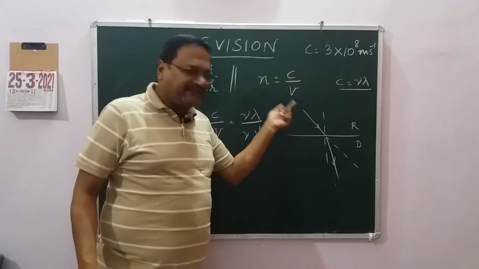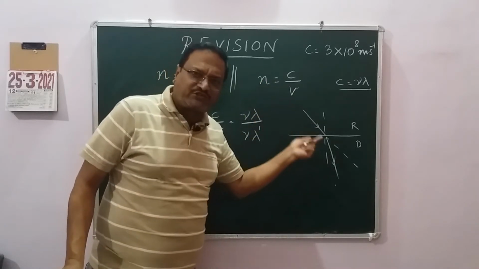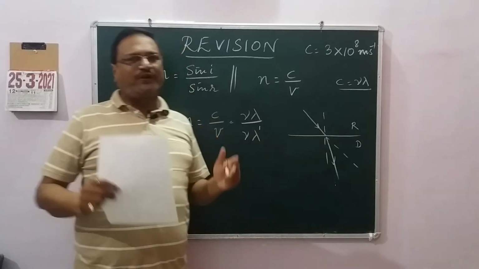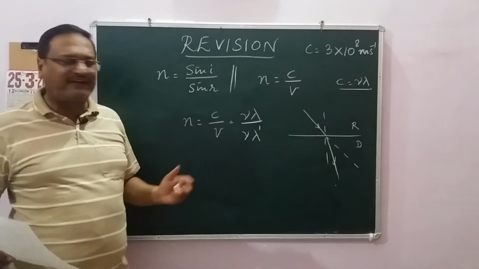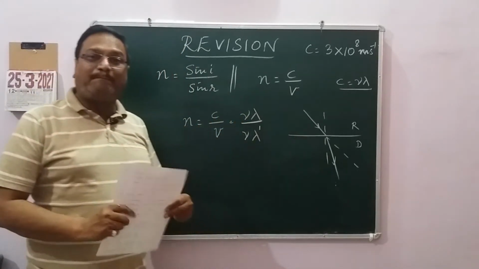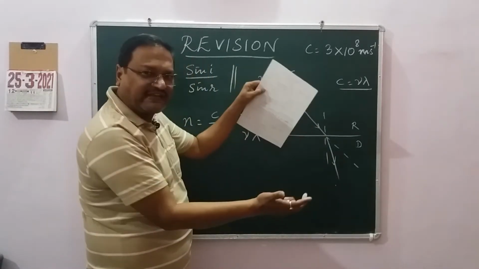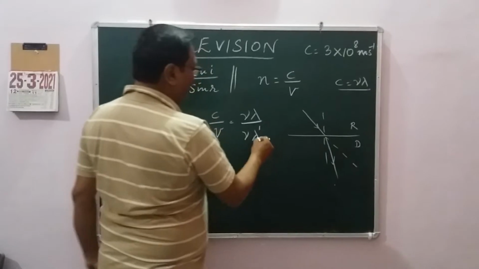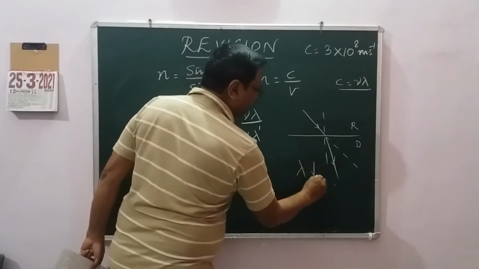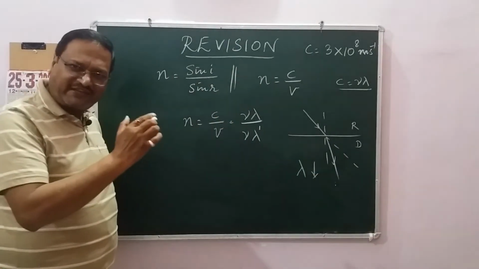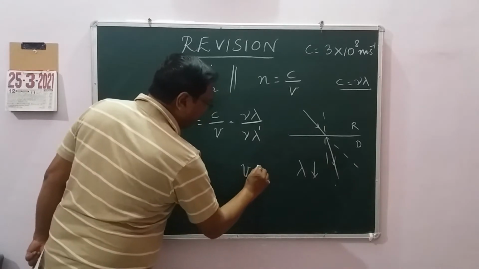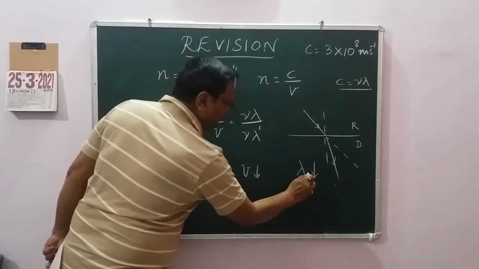The frequency with which the light is coming is going to remain constant, right? That is that of the emitted waves. But since the medium is denser, the waves will get slightly compressed and the wavelength will decrease, right? Keep this in mind. Now, velocity decreases, wavelength decreases.